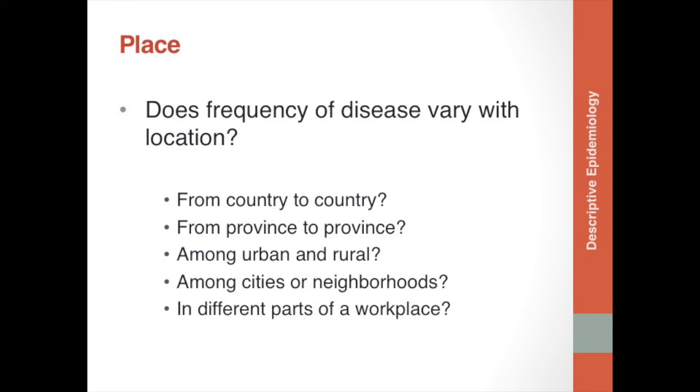The unit of analysis might be as large as a continent or a country, or as small as a street address, a hospital wing, or an operating room. Analyzing data by place can help to identify communities at increased risk of disease.